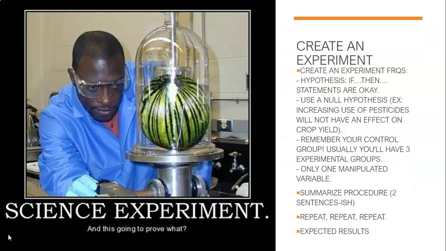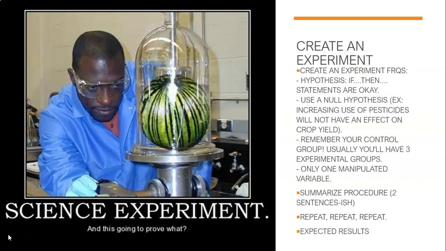Sometimes you'll be asked to create an experiment to test something. So when you're creating an experiment, you want to put down the hypothesis, what it is that you're testing. So, trying to see how fertilizer changes the growth of plants. The null hypothesis is that your experimental change is not going to impact the data. So the fertilizer will not impact the growth of the plants. And then remember, you have to state your control group.